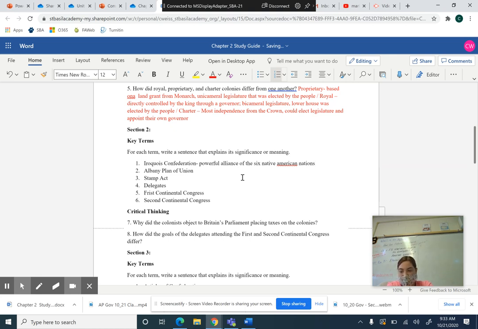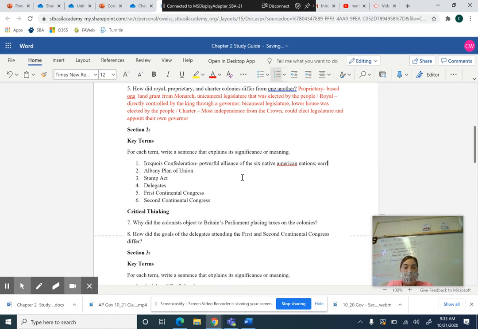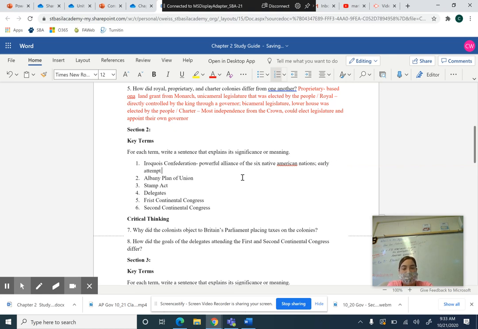Awesome, very good. And why were we looking at this? This is an early attempt at unity in the new lands.